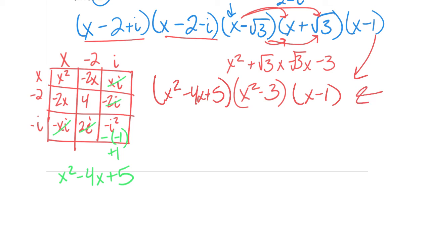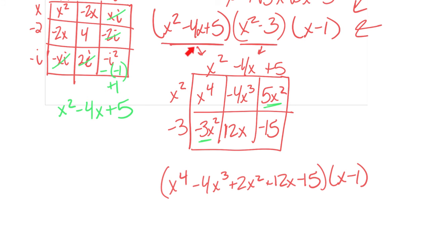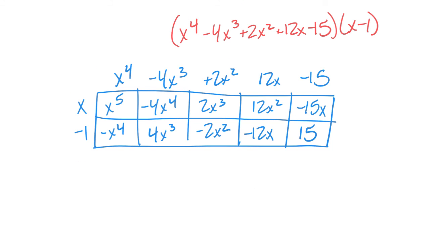So I'm going to keep multiplying this part. Again, I'm going to use a table for this part to multiply this trinomial and that binomial. Okay, here I multiplied these two terms together in this table right here. I got this, and then I also have x minus 1 here being multiplied. So I'm going to again use a table to multiply these two things out, and then we will be done. Here's my table multiplying out this craziness here.